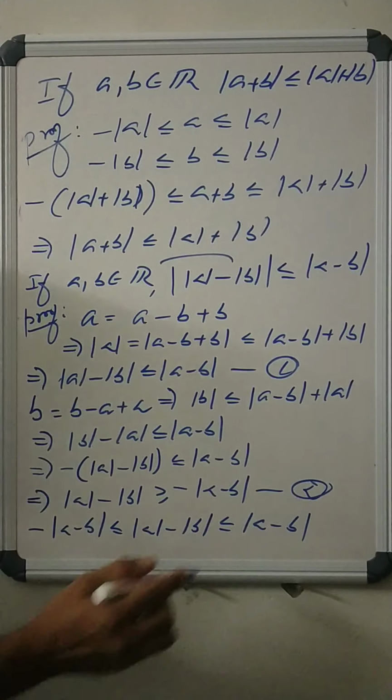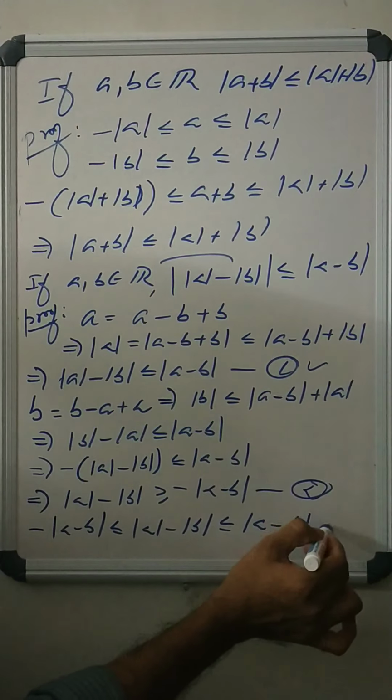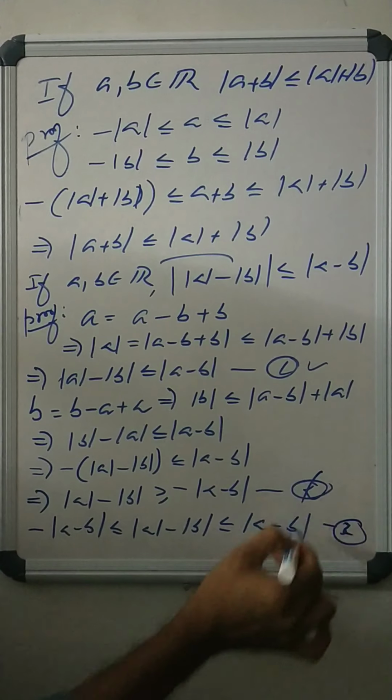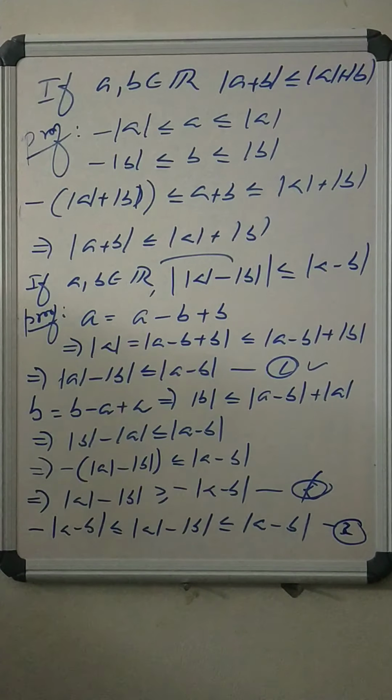So combining these two results, 1 and 2, you have modulus of mod a minus mod b less than or equal to mod a minus b.